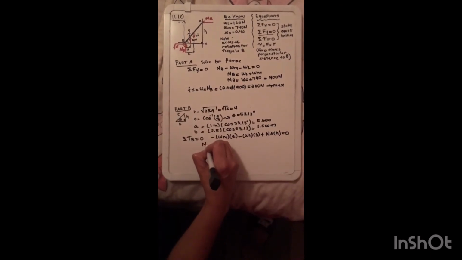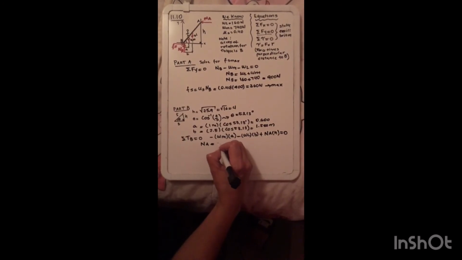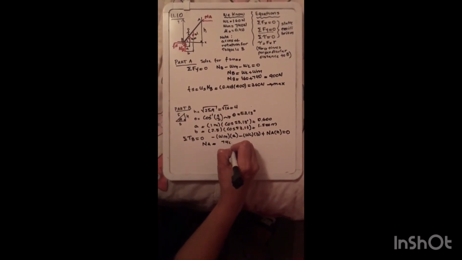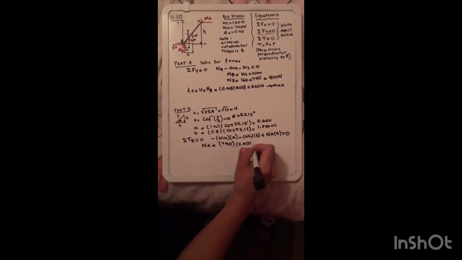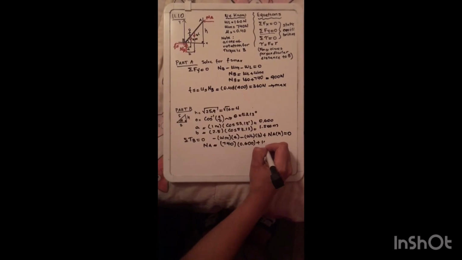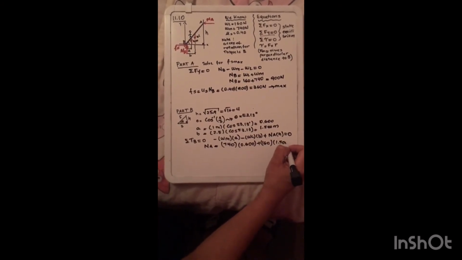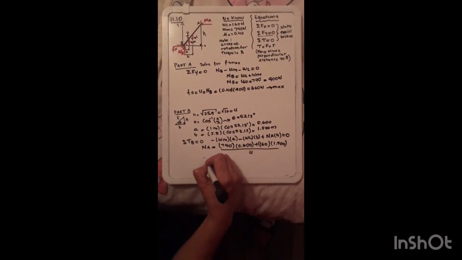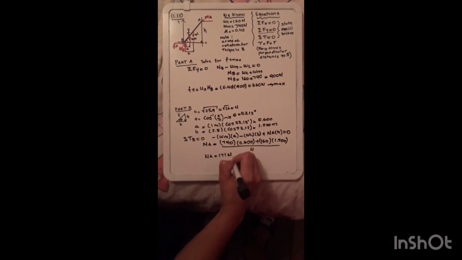So solving, the normal force is equal to 740 times 0.600 plus 160 times 1.500, everything divided by 4, and this is equal to 171 newtons.